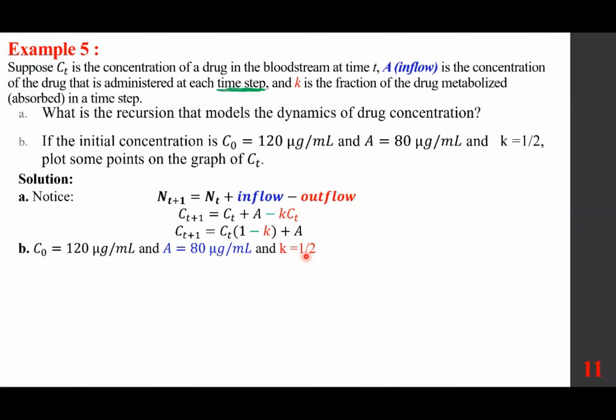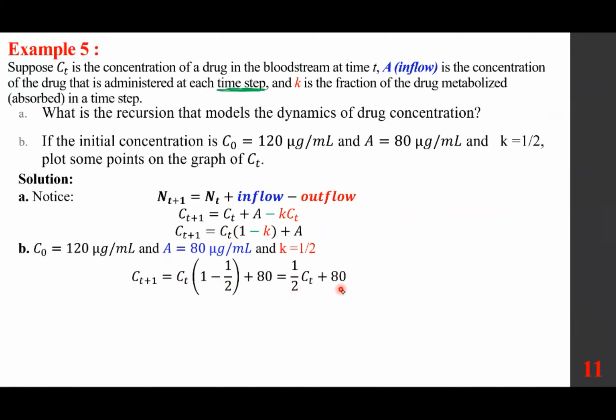And K, the portion, the percentage, the fraction which is gone and absorbed by the body, is 1/2 or 50%. So let's plug in here. This remains. This one we replace the K with 1/2. This one we replace the A with 80, and 1 minus 1/2 is 1/2. So 1/2 of C sub T plus 80.